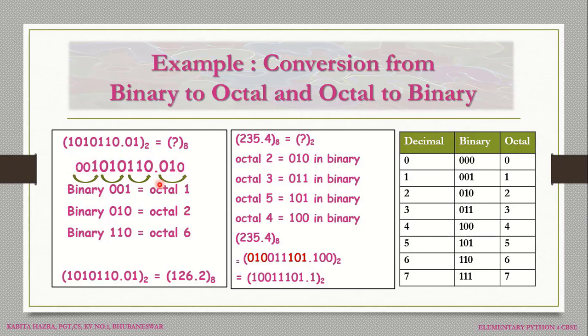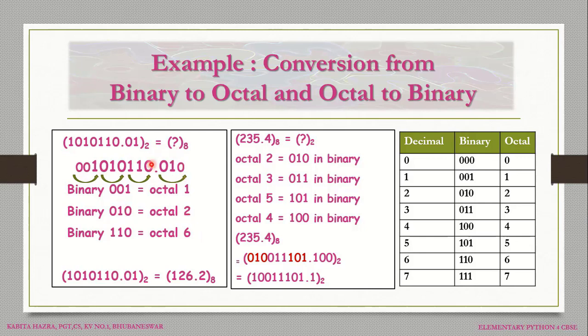Similarly, as we move towards the right, we find that there are only 2 digits and there is a shortage of 1 zero, so we add a 0 to the rightmost group. Now we write down the octal equivalent for these binary groups. So 001 represents octal 1, 010 represents octal 2, 110 represents octal 6, and 010 again represents 2.